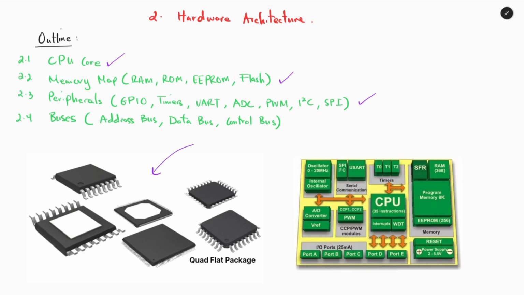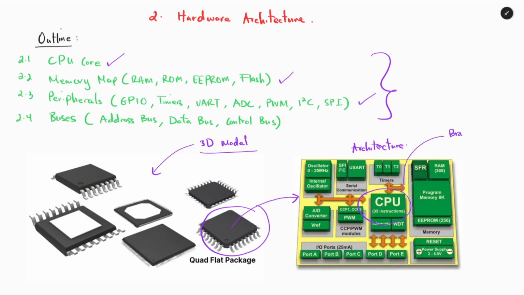And this is a 3D model of some of the microcontrollers that we have. Inside those models, we have what is called the architecture. From the summary of this architecture, as given in the outline, we can see that all of these will be discussed. Inside this particular microcontroller, we have the CPU, which is known as the brain of the computer, and the section with the memory where data can be stored.